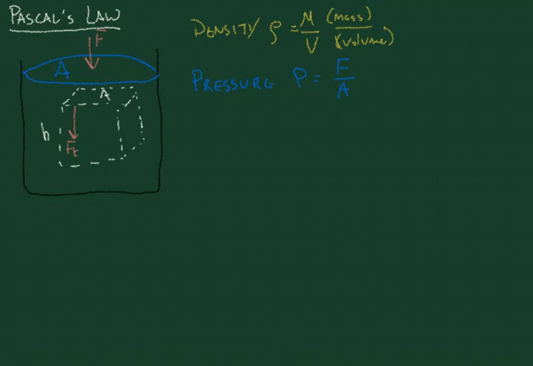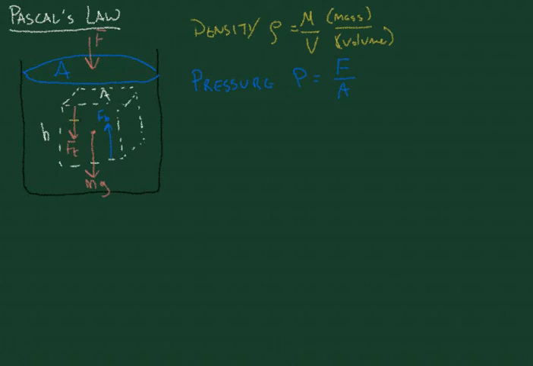We know that we're going to have gravity, which acts at the center of mass. It's going to be the mass of this fluid times g. And then we're going to have a force from the bottom, which is all of the fluid and everything on the bottom pushing back up with the force Fb. You can think of it as kind of a normal force if you like. So we have gravity, a normal force of things pushing from the top, and a normal force of things pushing on the bottom.